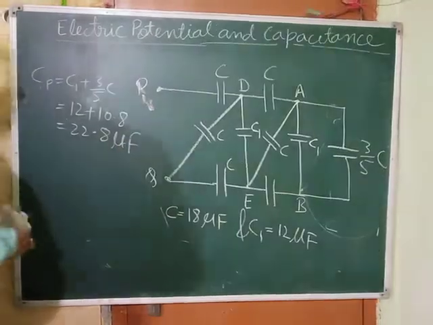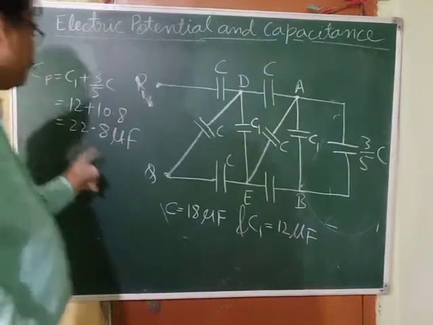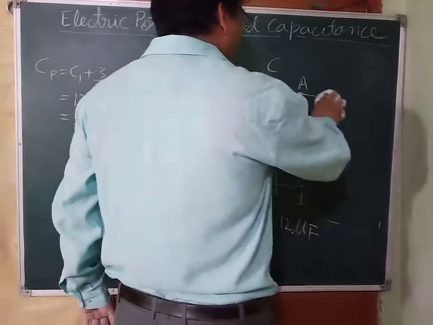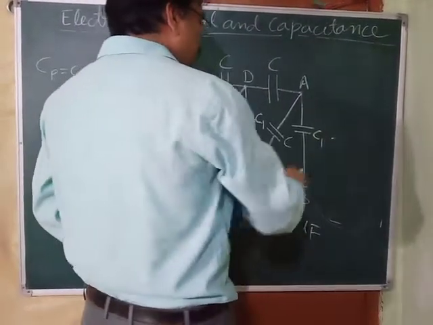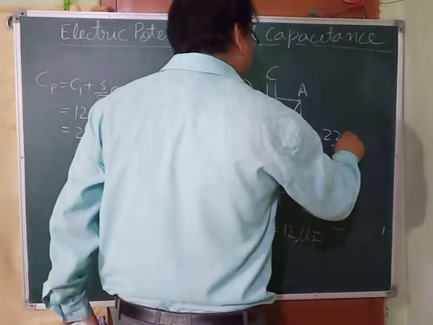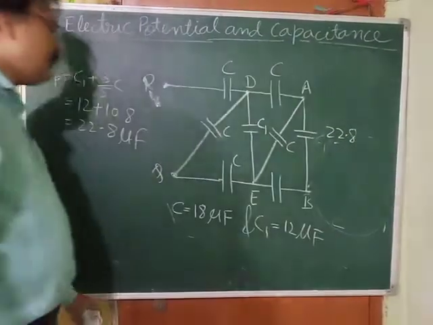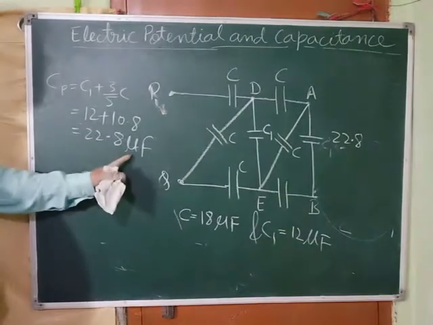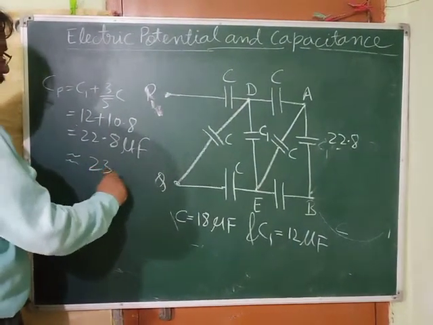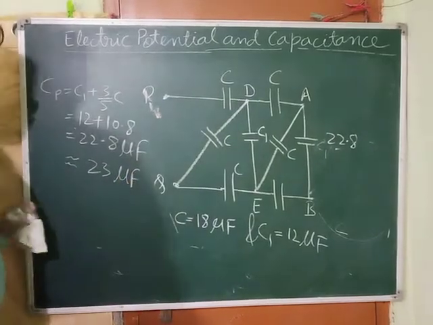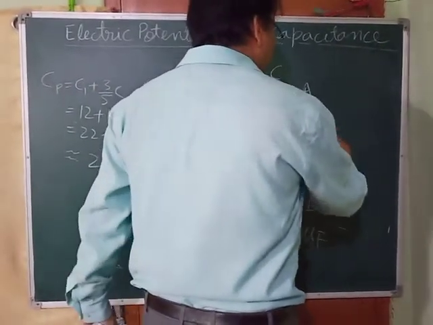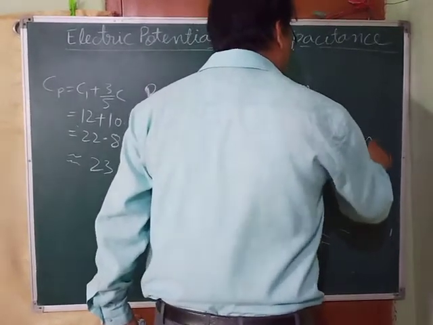That is the capacitance. Now we can do one thing, we can remove this also, and now it has become like this. This is 22.8. We can do some approximation because it is of the order of microfarad. We can write approximately 23 microfarad, to make our calculation easier.